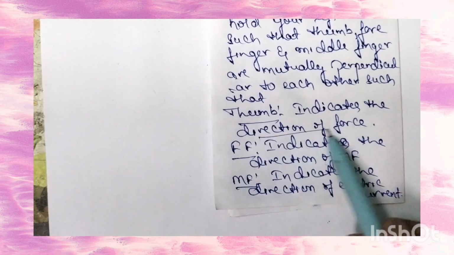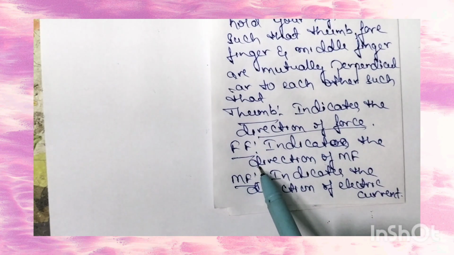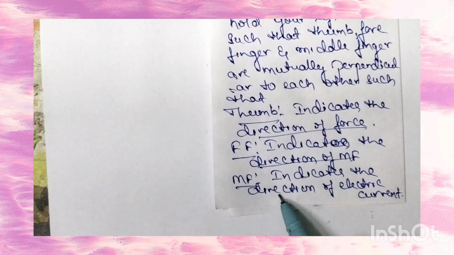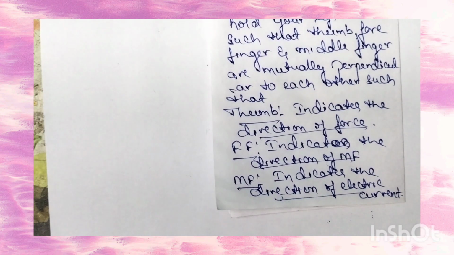Thumb, direction of force. Forefinger, direction of magnetic field. Middle finger, direction of electric current. Like this, each finger represents one direction. Thumb, direction of force. Forefinger, direction of magnetic field. Middle finger, direction of electric current.